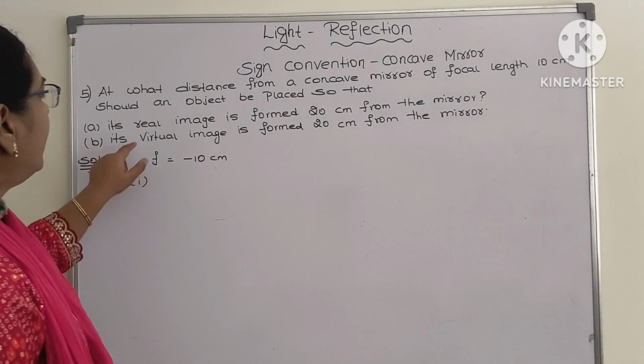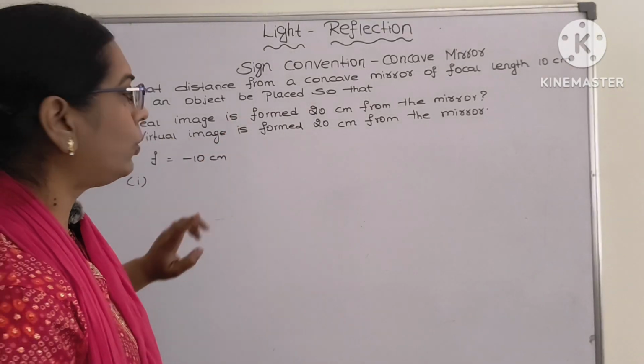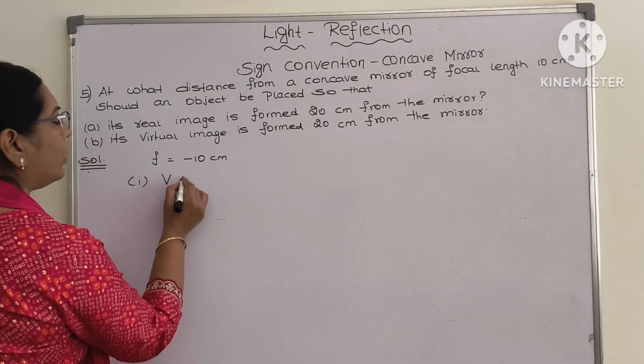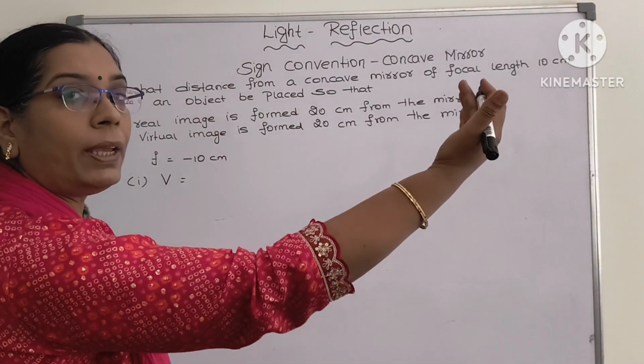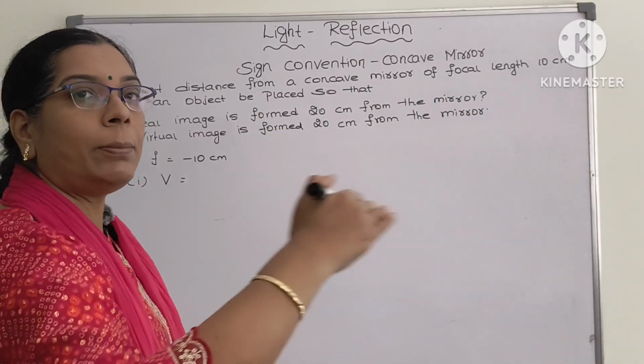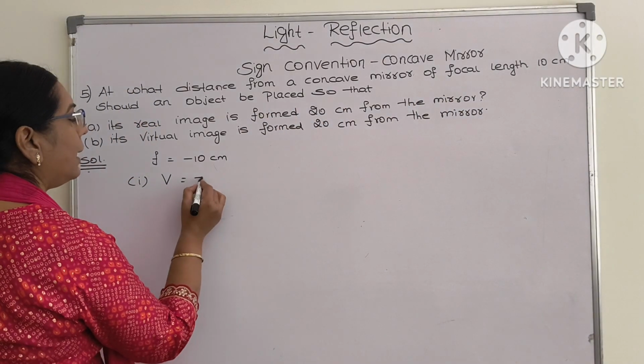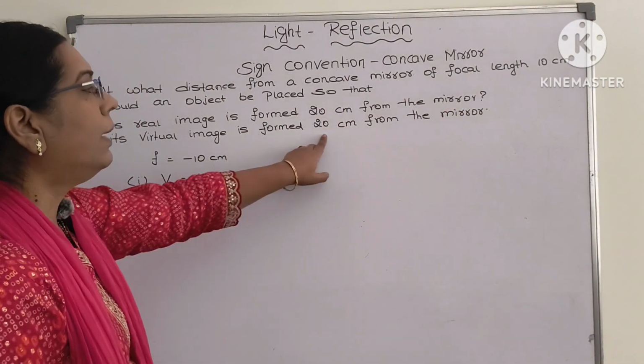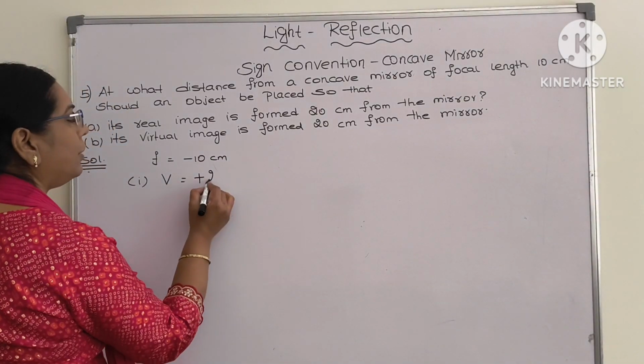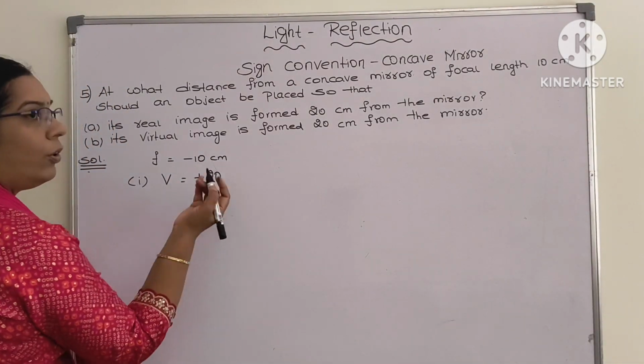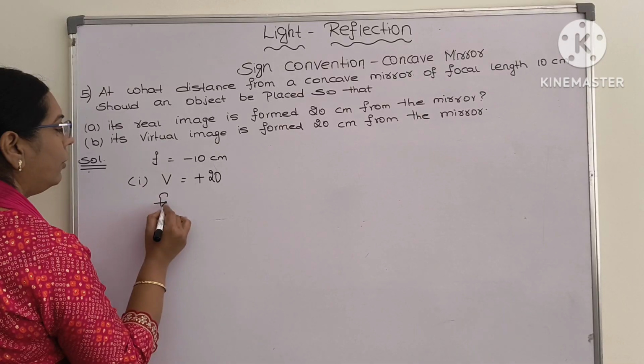For the second part, it says the image is a virtual image. If the image is virtual, which means the image will be formed behind the mirror, and it will be on the positive x-axis, and hence it will have a plus sign at a distance of 20 centimeters, plus 20. Therefore, again use the mirror formula.